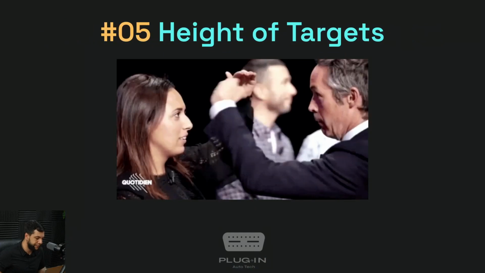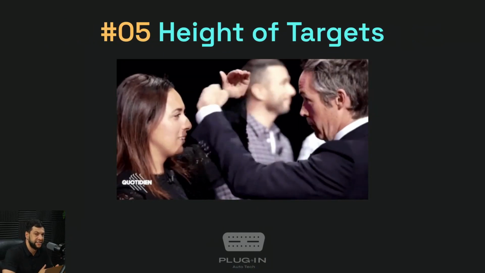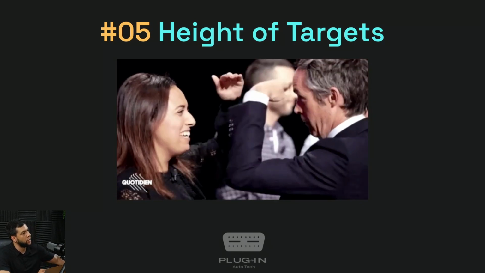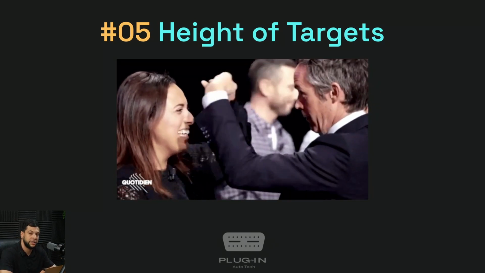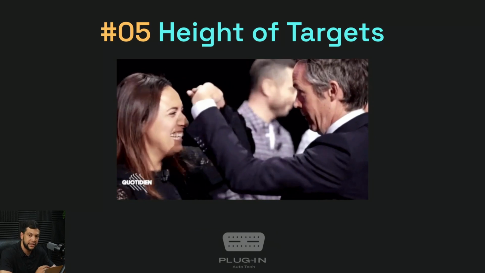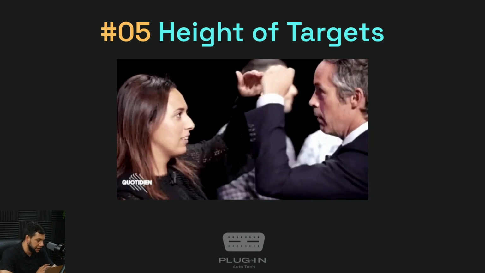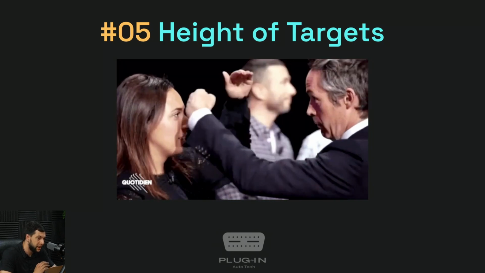Okay. Next step, check the height of the targets. And I know you guys might be watching this video and say, oh, these things that he's saying are very obvious. But believe me, guys, this happens very often.